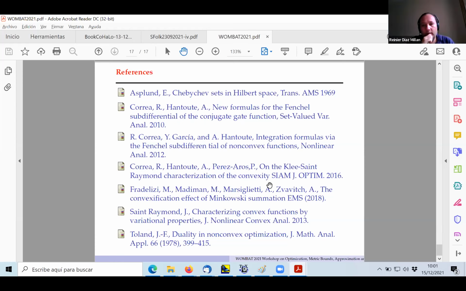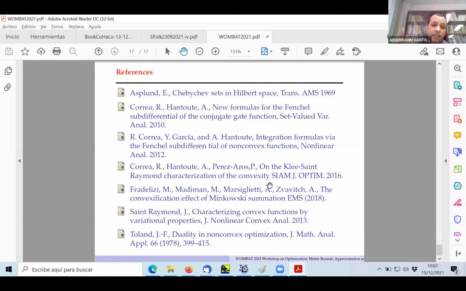Concerning the second part of Klee's theorem, of course, there is the paper of Klee, and also many works by Hiriart-Urruty, Borwein, Vanderwerff, and many authors using this approach of relating convexity to the differentiability of the conjugate function.